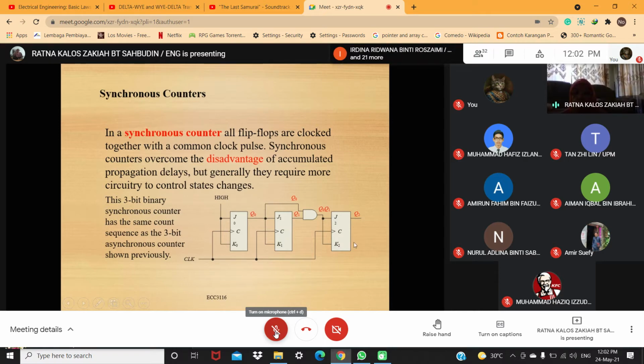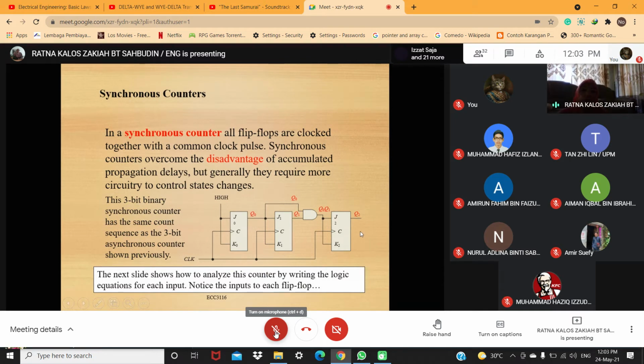So you can draw the timing diagram and look at the counter. The next slide shows how to analyze this counter by writing the logic equation for each input.